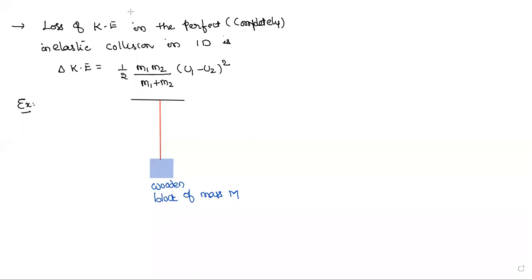And suppose it is collided with a bullet, not a 6 feet bullet, a small bullet of small mass m. It is moving horizontally without changing direction, one dimensional, and directly hits the wooden block with a velocity u and penetrates.